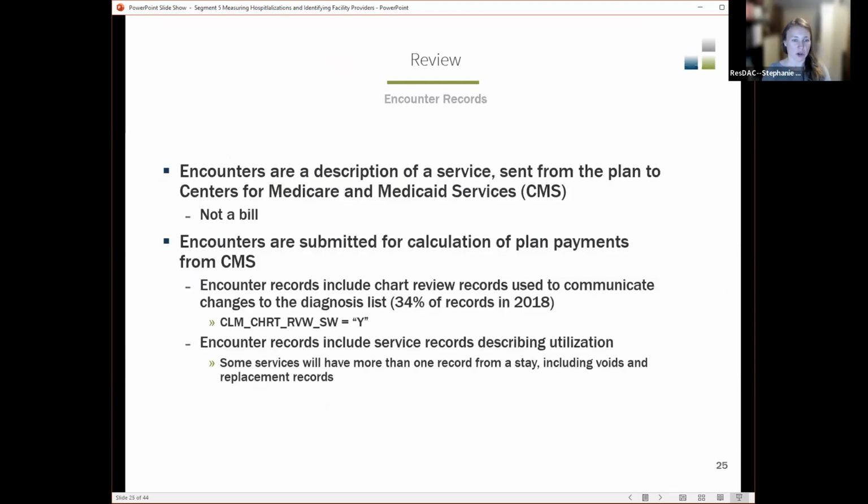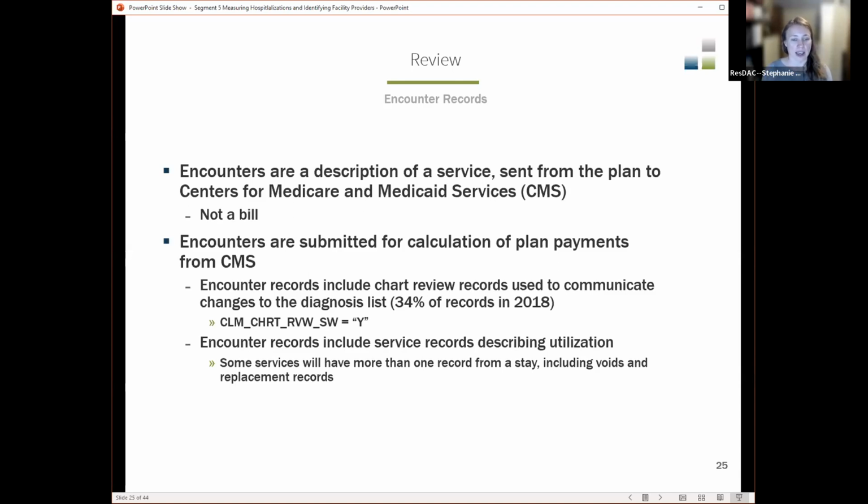So for encounters, the encounters are a description of the service, and they're sent from the plan to CMS, and they're not a bill, which is different than fee for service. They're submitted for the calculation of plan payments from CMS, which is why we see things like chart review records that may add or subtract diagnoses, but usually add.